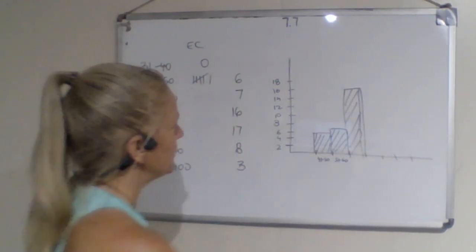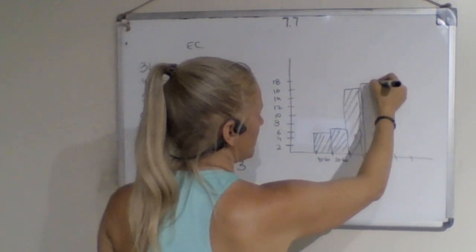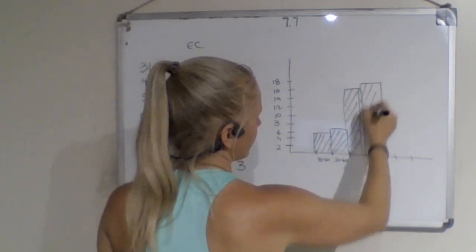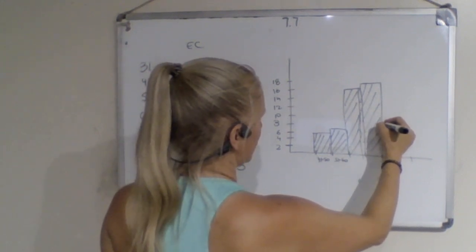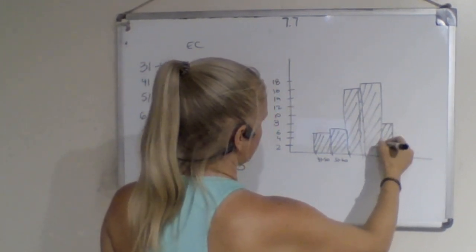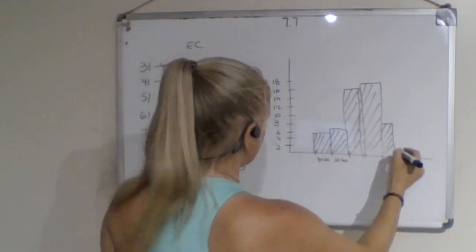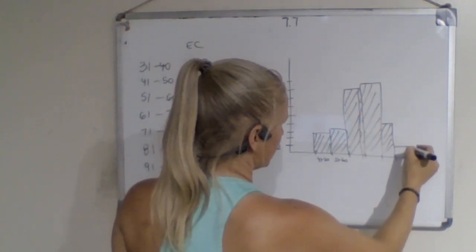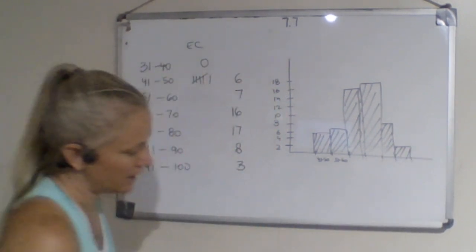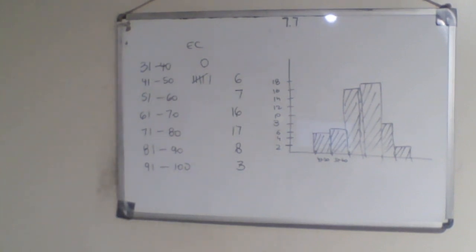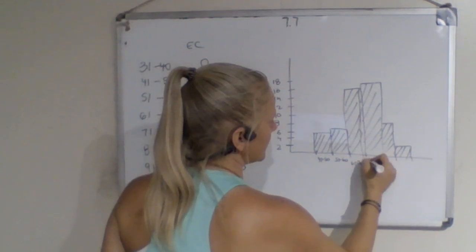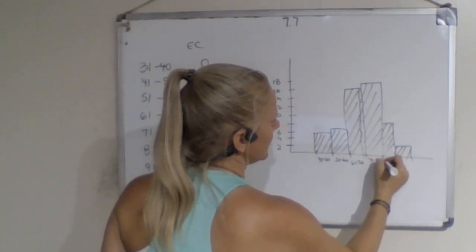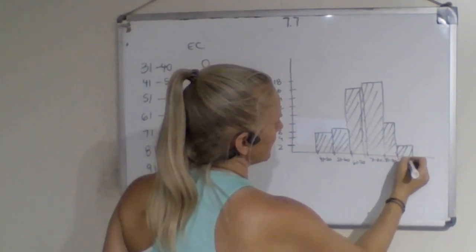The next one is going to be 17, so only half of it up. The next one is 8. It comes all the way to here. And the next one is 3, which is in between 3 and 4 right here. And I have done my histogram, right? And again, 61 through 70, 71 to 80, 81 through 90, 91 through 100.